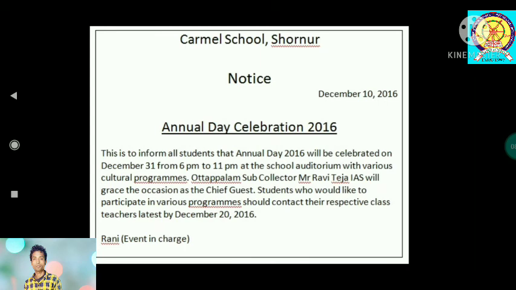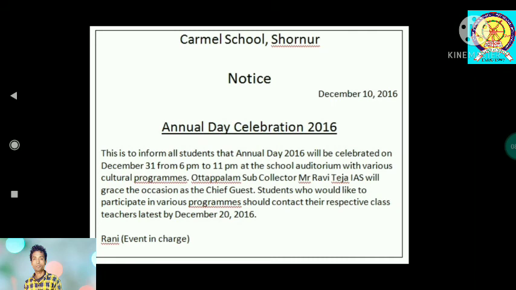Students who would like to participate in various programs should contact their respective class teachers latest by December 20, 2016. Rani, event in charge.